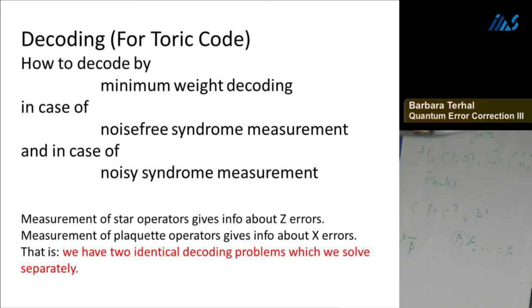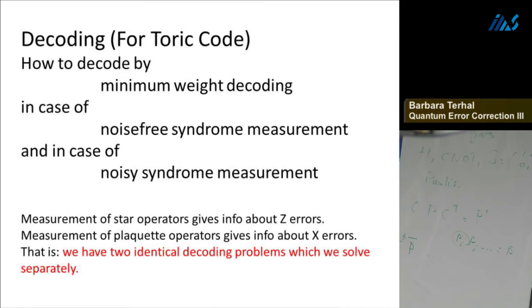Maximum likelihood decoding is just saying, well, what's the error or the error class that has the highest probability of happening. But let's not discuss this right now. Okay, so we want to discuss how we do this in the case the syndrome measurements are noise-free, these parity check measurements are noise-free, and in case they are noisy.